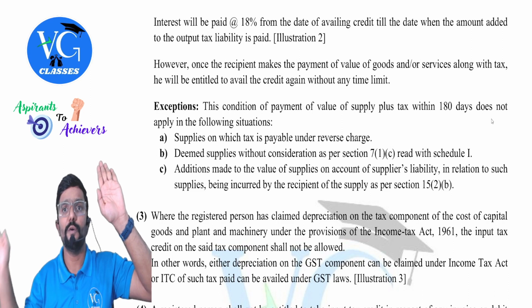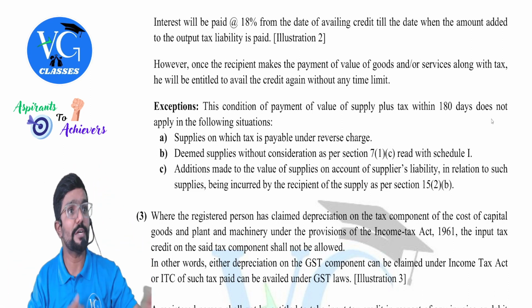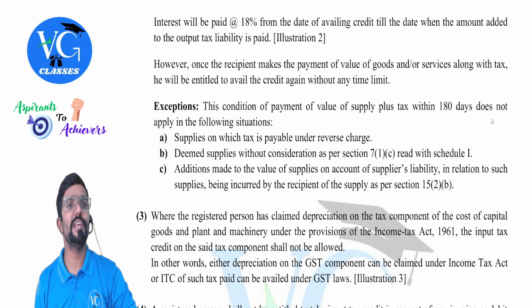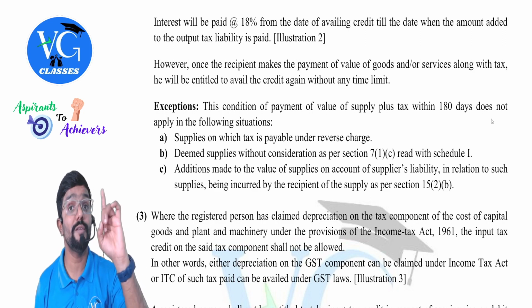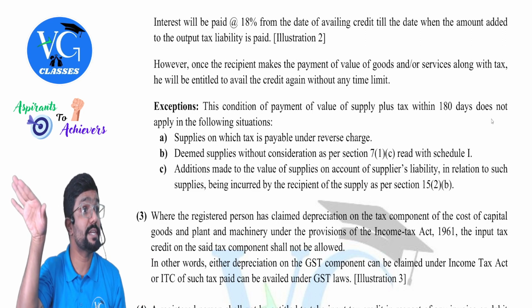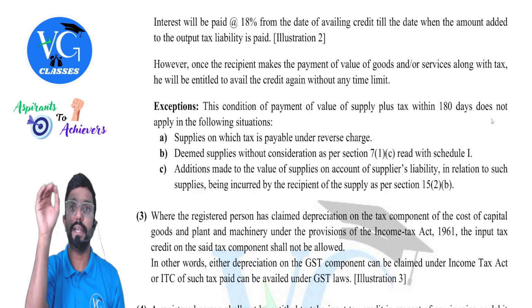For that, we need to add another 18,000 plus interest and pay it on or before 20th June of that year. That is the due date to file GSTR-3B for May. Please be careful. Interest is not on the entire 68,000. Interest is only on 18,000. Clear? That is the credit which was claimed.